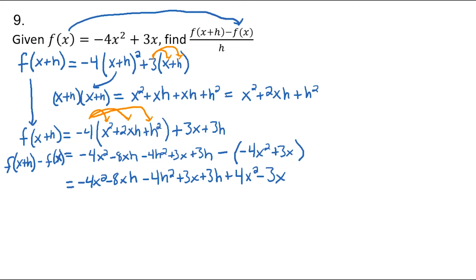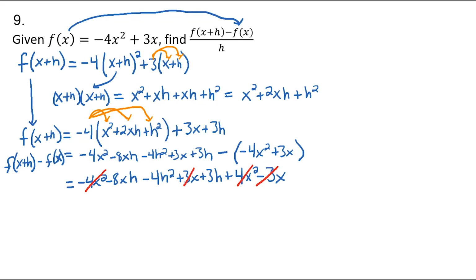Now let's look at this. I know it looks like a lot at this point, but there are some terms that will cancel out. We combine negative 4x squared with positive 4x squared, then we combine positive 3x with negative 3x, and they cancel out.